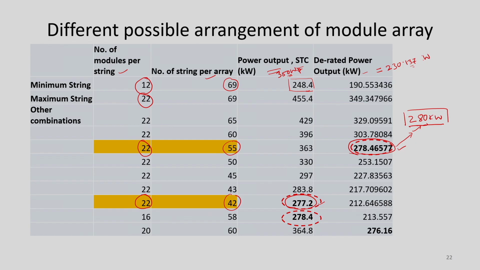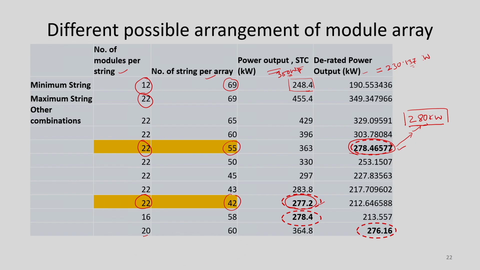And if we consider one more combination, that is 20 modules per string and 60 strings per array, then we get 276.16 when we consider the rated parameters. Okay? So, there are multiple combinations. So, we need to find out the best combinations for maximum output power.